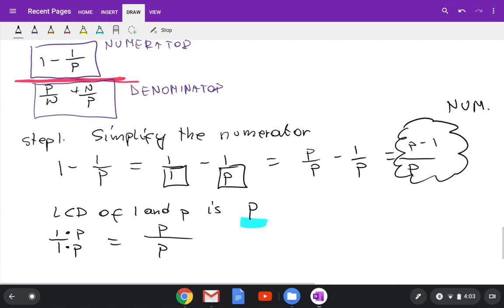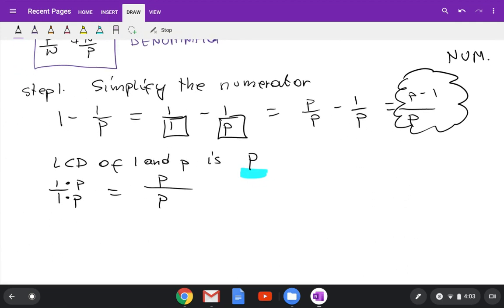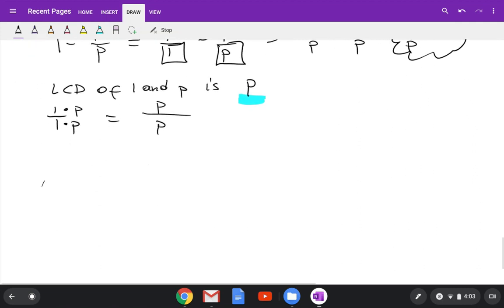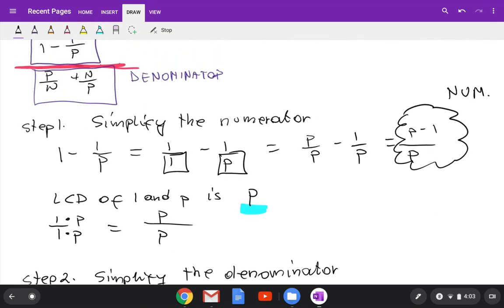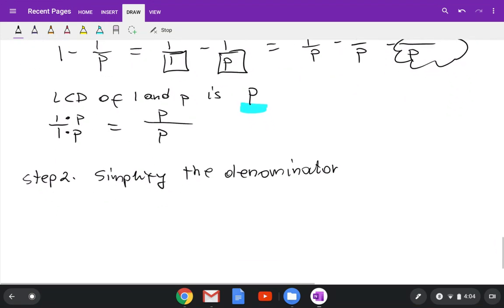So this is the numerator. Okay. Step 2, simplify the denominator. And of course, by now we know that we need to get a common denominator. So you have p over w plus w over p.